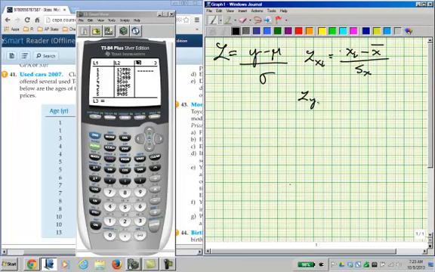Z sub Y sub I equals Y sub I, each particular Y variable, minus Y bar over the standard deviation of Y.